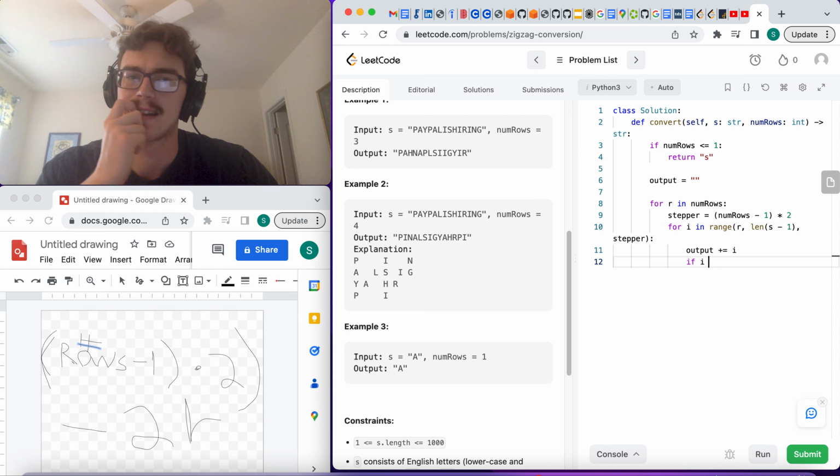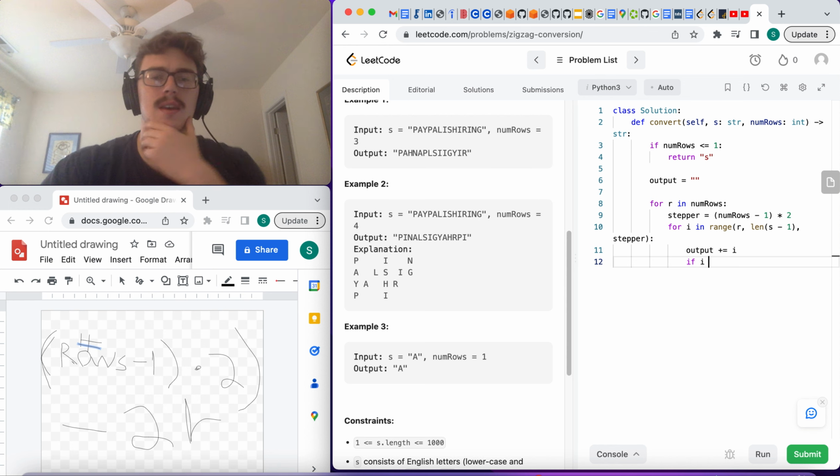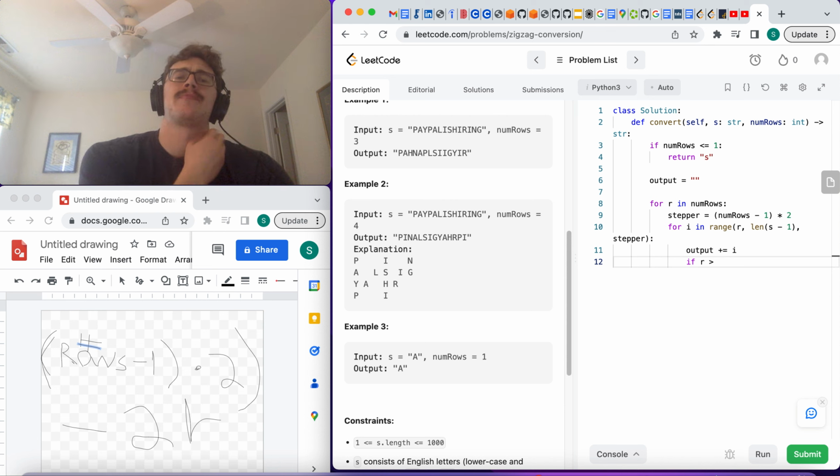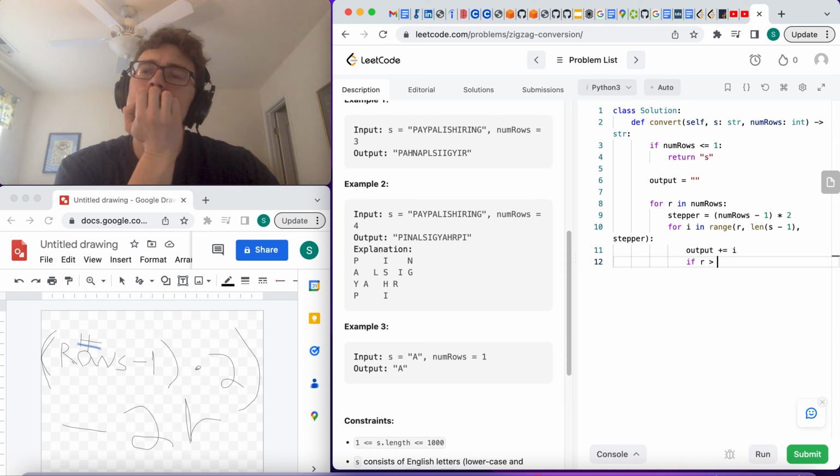If I, well, that's tricky. Because here's where we're checking to see if we're in one of these middle rows. So, if I is greater than, well, I is characters, maybe this is R is greater than, how do we check? If R is greater than the number of rows.